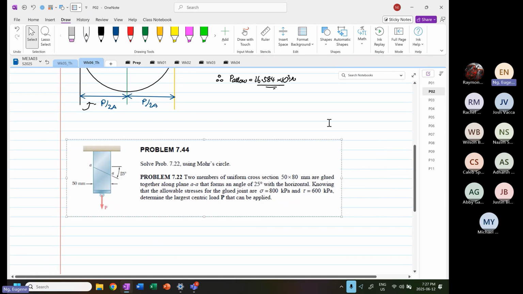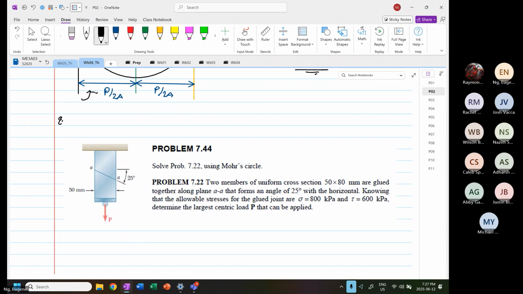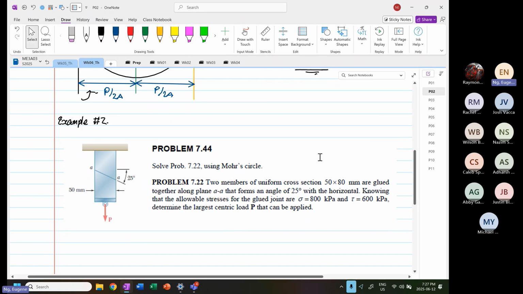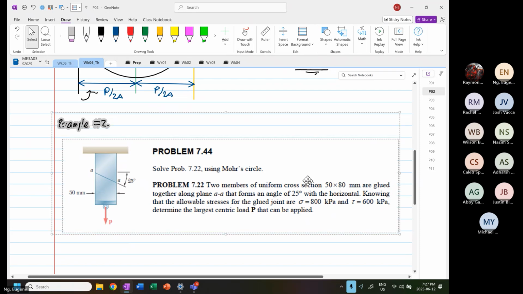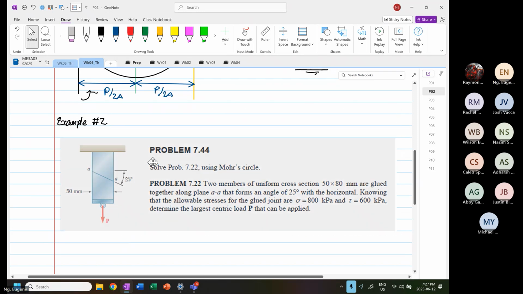So this is example number 2, and you will see what changes. It's important that you understand the questions individually.